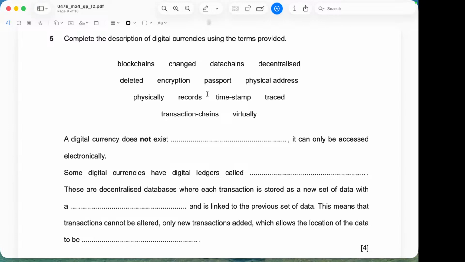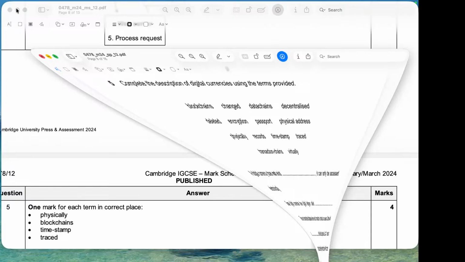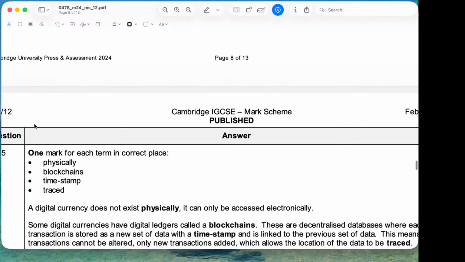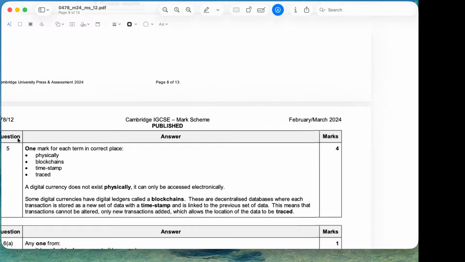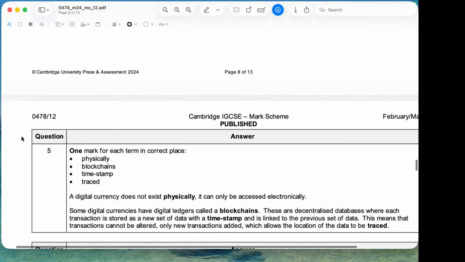Okay, so Samaya has put in the chat the correct answers. So it says a digital currency does not exist physically. It can only be accessed electronically. In fact, let's look at the mark scheme. There we go. A digital currency does not exist physically. It can only be accessed electronically.